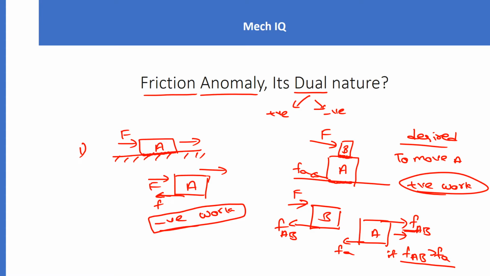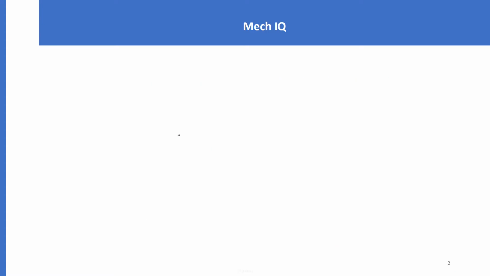Let us go with another example. Let us say a ball is moving with angular velocity omega. Now let us say friction exists here. So what is the net force? Net force is this one. Let's say this has torque tau.